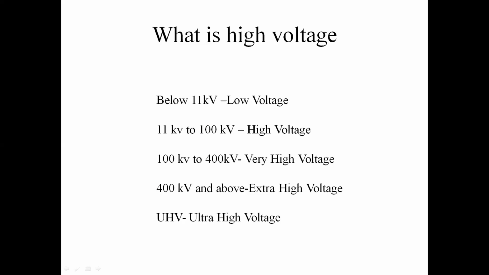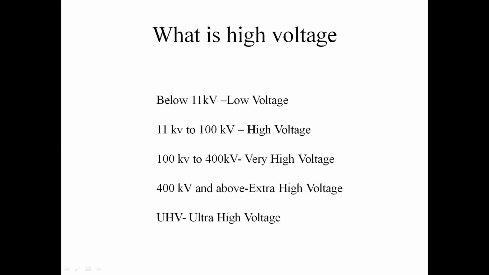Rather than saying so, if we talk like this, we don't come to a conclusion about which range of voltage we call high voltage and which range we call low voltage. So from this point of view, the engineers have come up with a set of voltage ranges where we can call different levels of voltages. Like any voltage below 11 kV can be called low voltage.